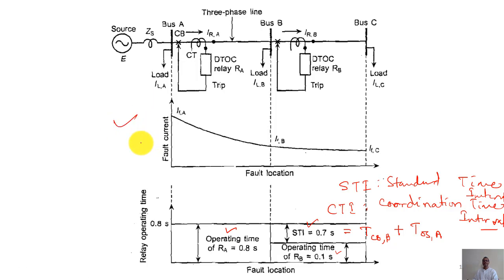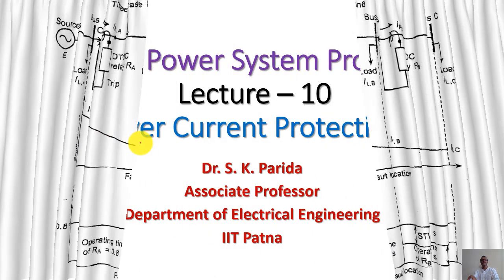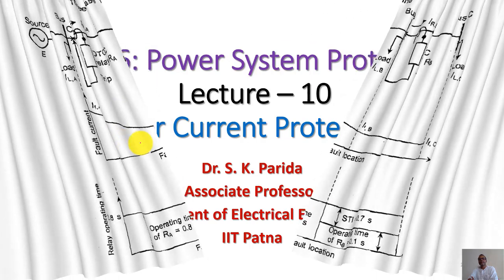In the next class we'll see how to coordinate the inverse definite minimum time relay. In lecture number 10 we will continue the overcurrent protection. Thank you very much for your kind attention.